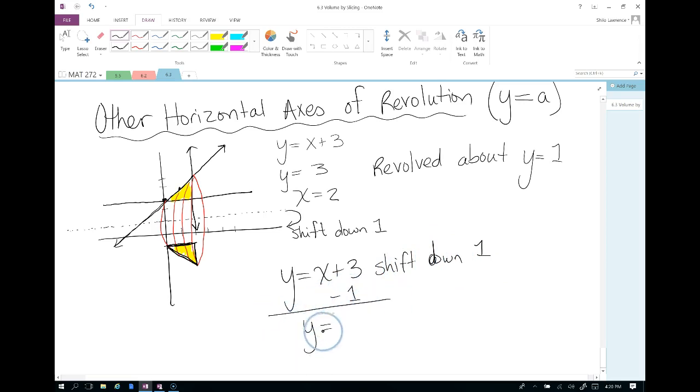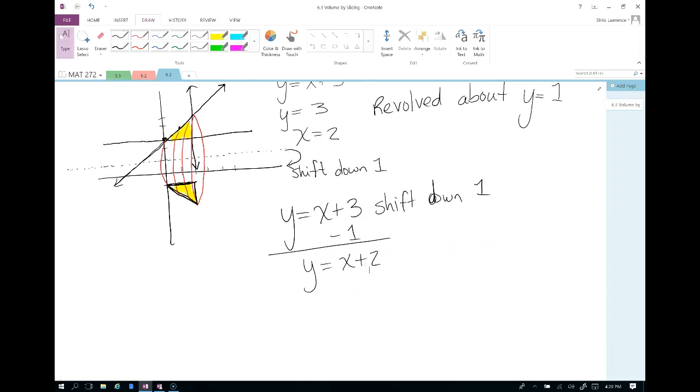And really, it's going to turn into y equals x plus 2. And then my y equals 3 graph, if I want to shift that down 1, I have to subtract 1 from it, and it turns into y equals 2.